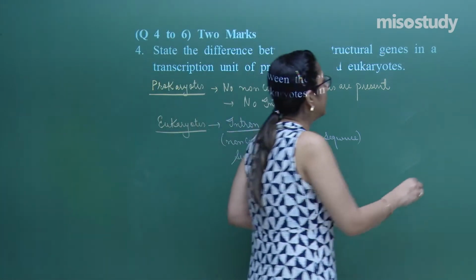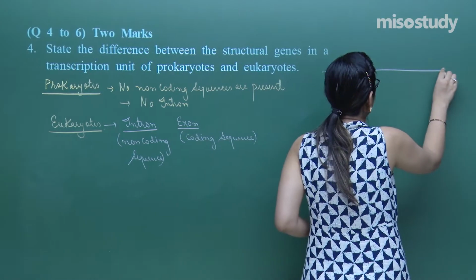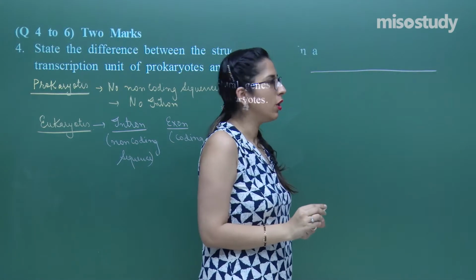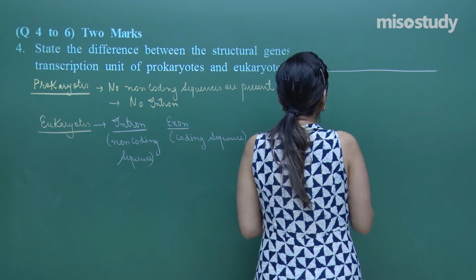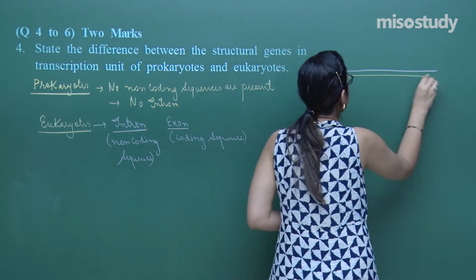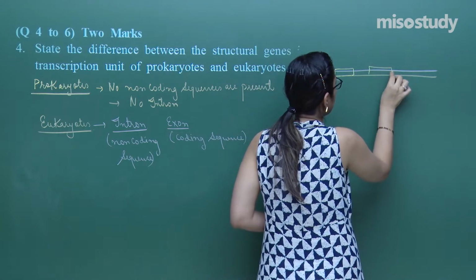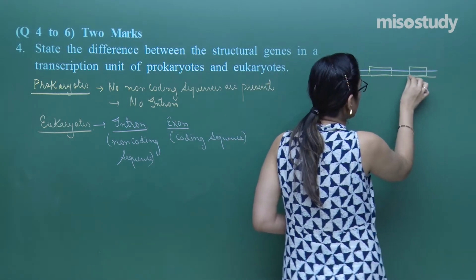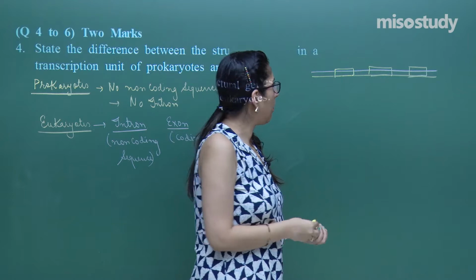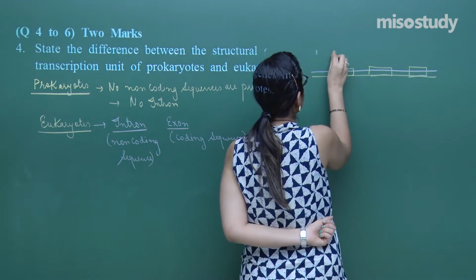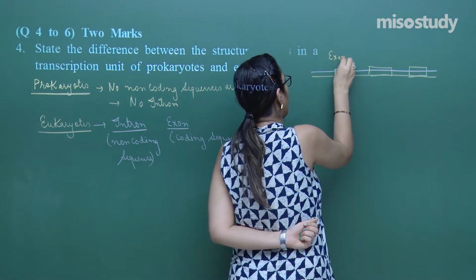Come to this side. Let's discuss the mRNA which is formed. Suppose this mRNA has certain sequences like this. Suppose this region is there, then this region is present, after that this region is present, right? Suppose this region is called exon 1.